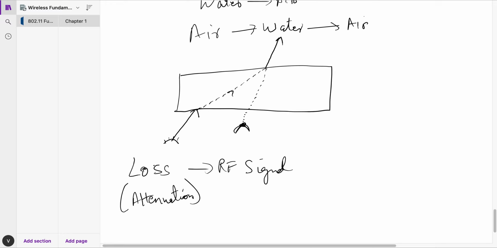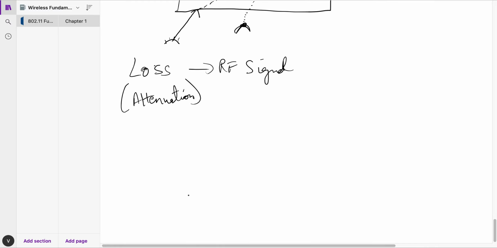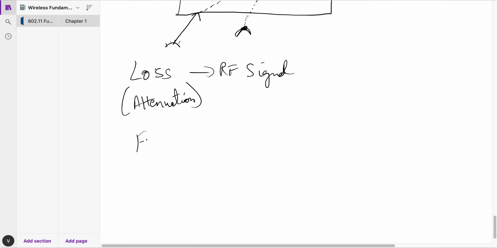We lose signal because of these characteristics or behaviors of the RF wave, and this is quite essential for us to know, to understand how things really work in practical life. One more behavior you should know is something called free space path loss.